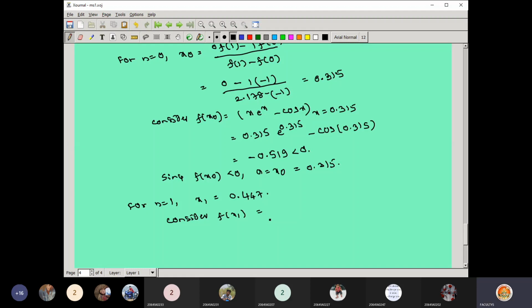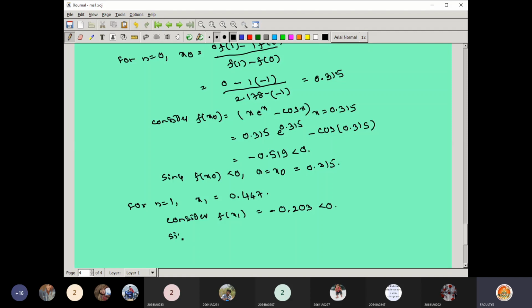Luckily, if you get 0... but it is minus 0.203. So this is less than 0.